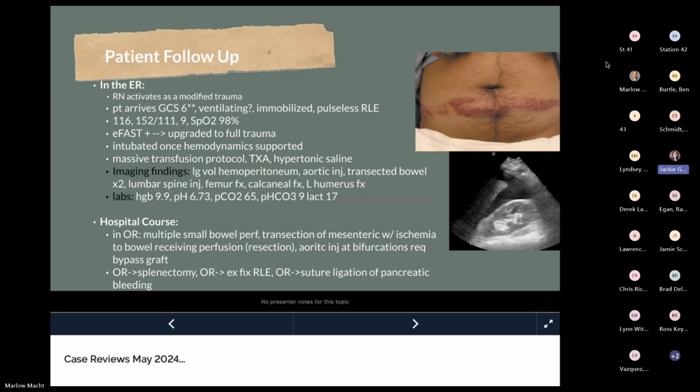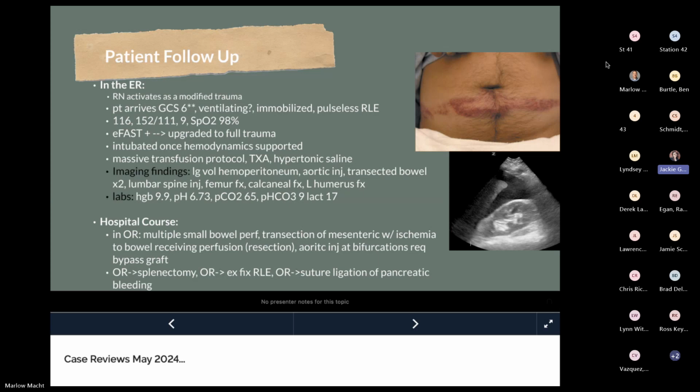He was upgraded to a full trauma based off of his mechanism, his positive FAST, and his need for airway management. He was intubated once his pressures were supported further because he was hypotensive. So he ended up getting blood and TXA while trying to normalize his pressures prior to induction.